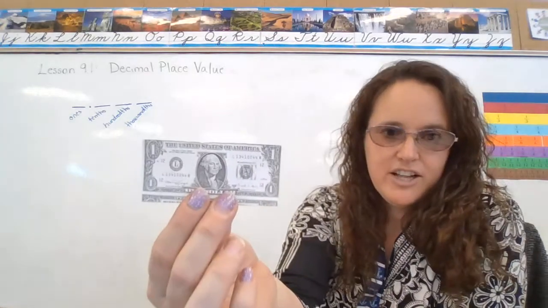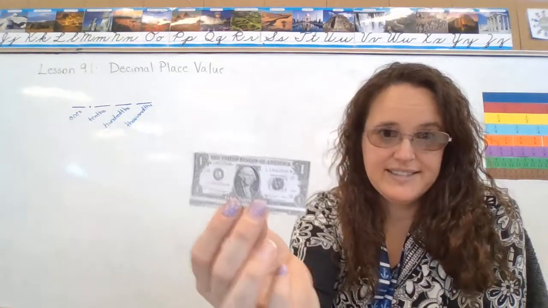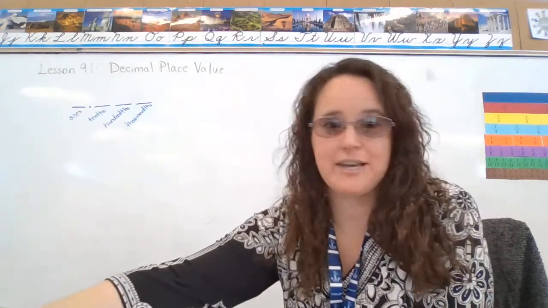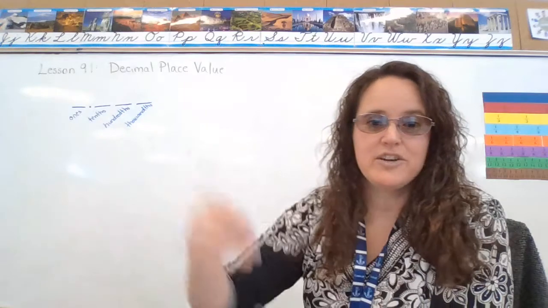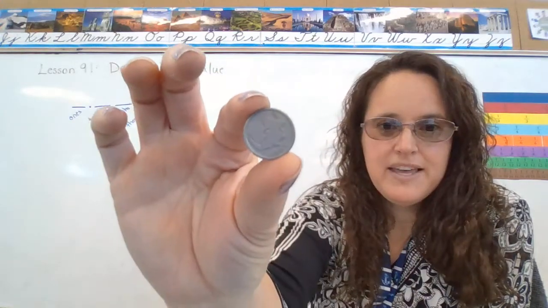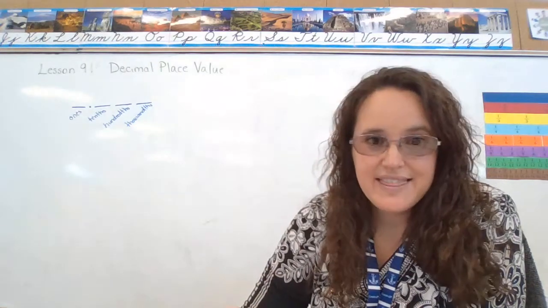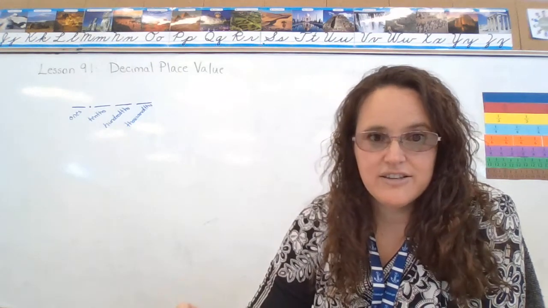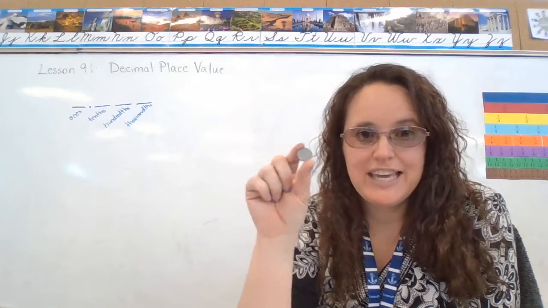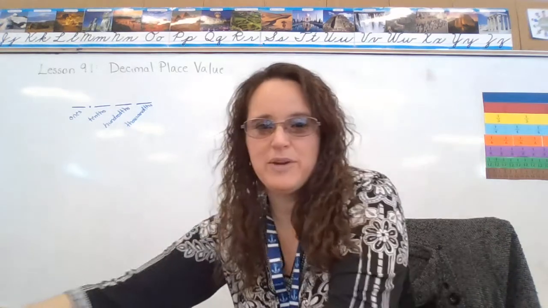So we've got our dollar. This is the ones place. We could go up to tens and hundreds, but that's not what we're talking about for today. We are actually going to go down, and we're going to say that a dime is 1/10 of a dollar. So if you're looking at the dimes place, you're looking at tenths, and that's how we write it too.